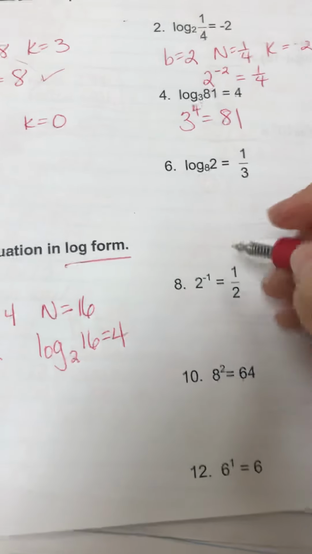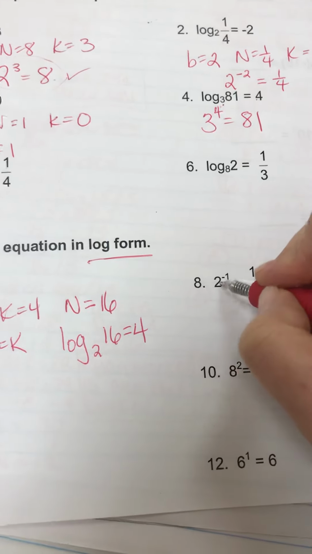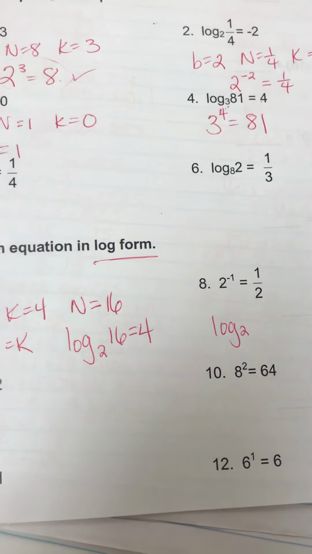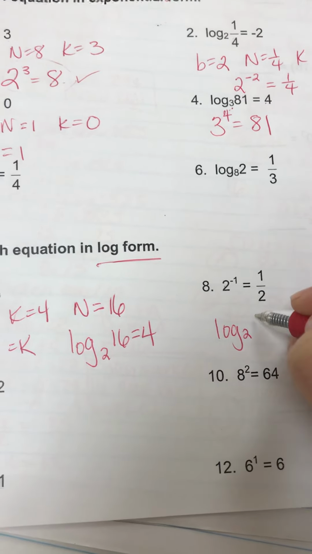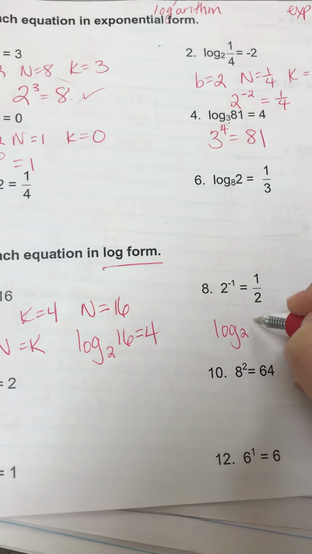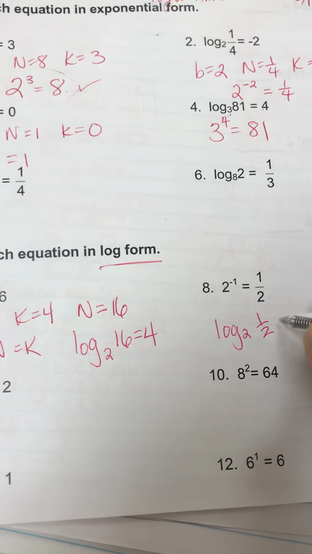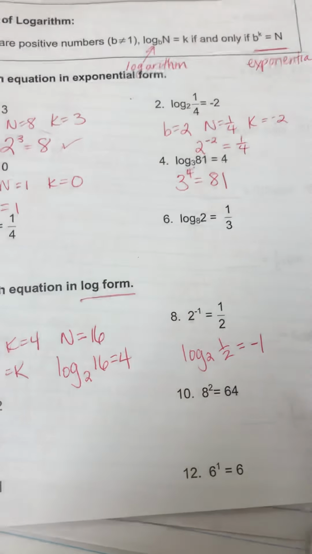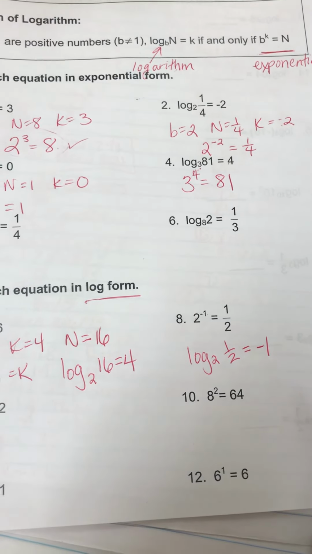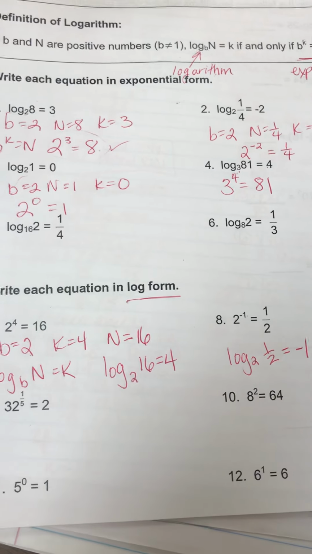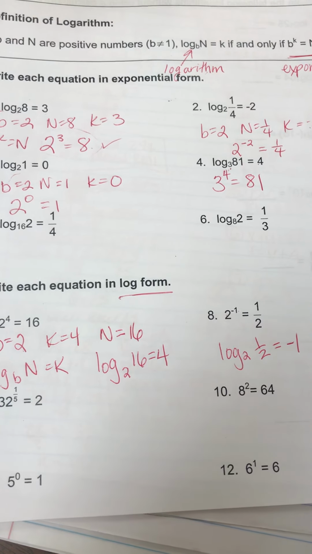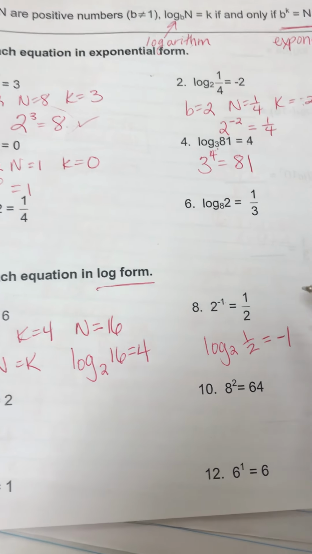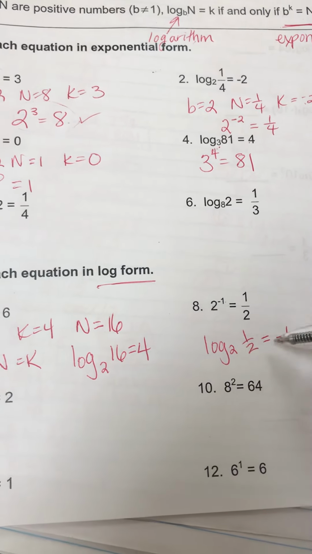We're going to do the same on these. So you're going to have log, your b is 2, 1/2 is your n, equals -1. So log base 2 of 1/2 equals -1.